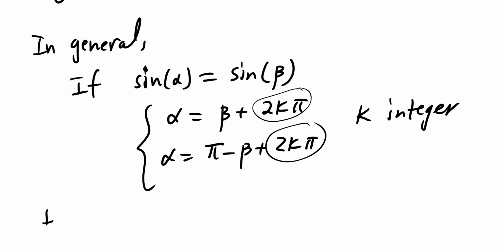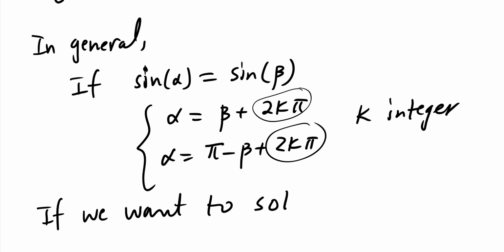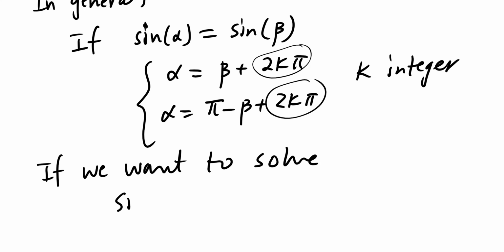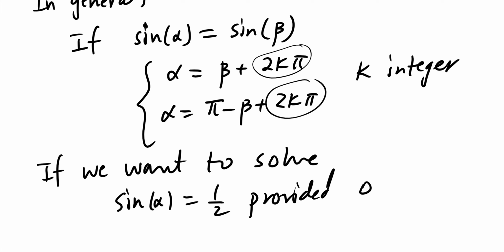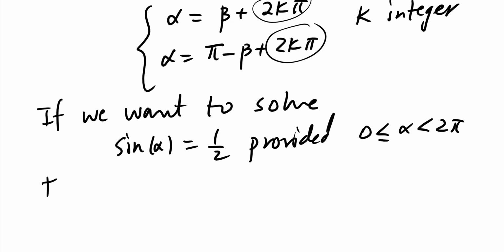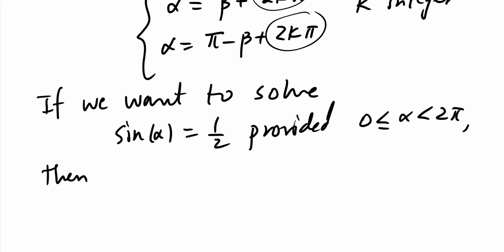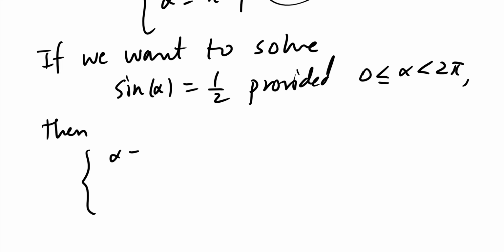Let's say we want to solve sine alpha is 1/2, under the condition that alpha is only from 0 to 2 pi. Remember how we got alpha: pi over 6 here and 5 pi over 6, plus 2k pi.